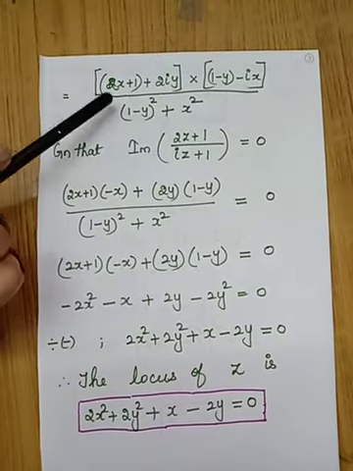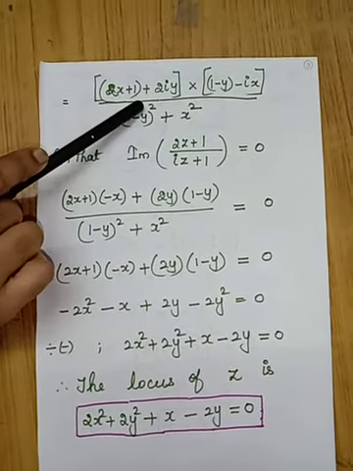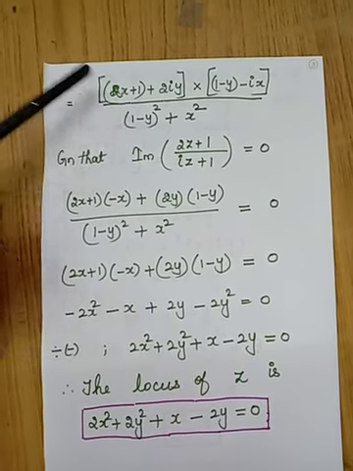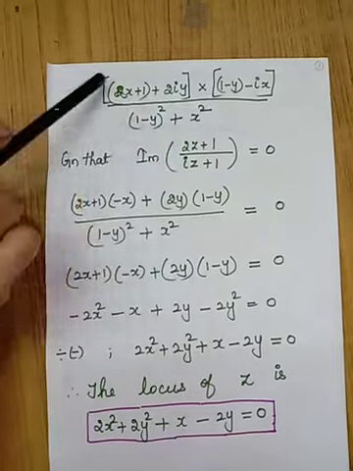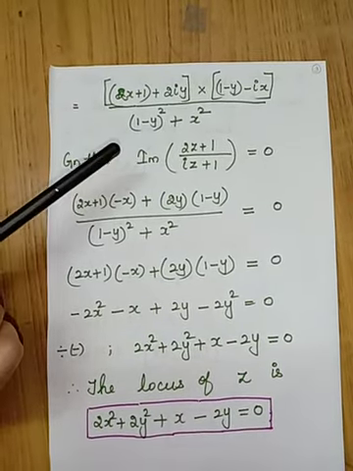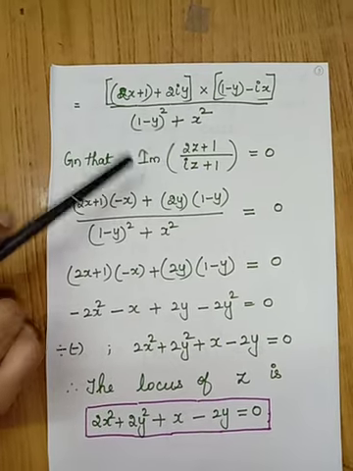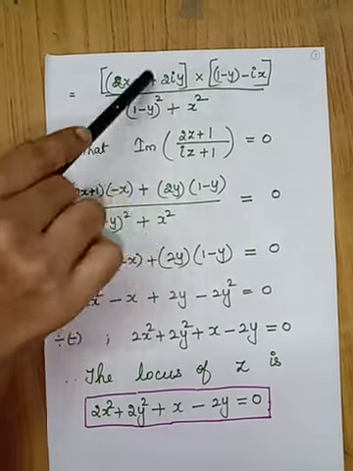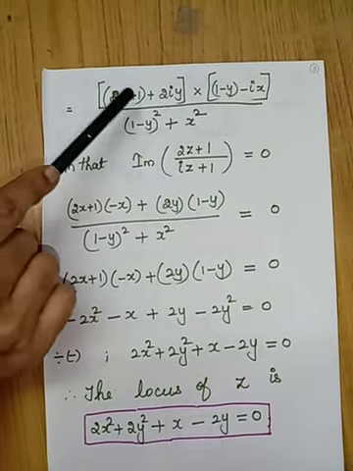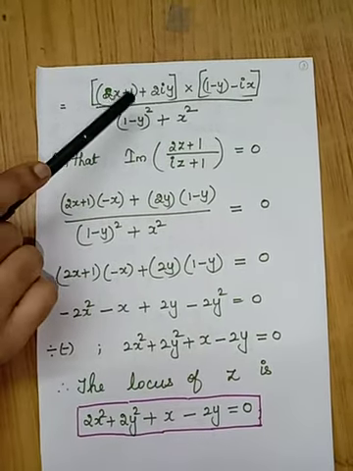Here you have to find the imaginary part. You need not multiply the whole complex number. Here you want only the imaginary part. But how to find the imaginary part of the product of two complex numbers? Already it is explained in the multiplication of two complex numbers.